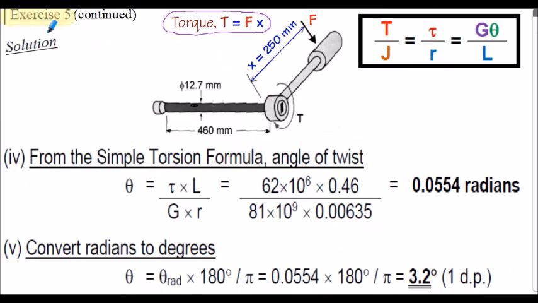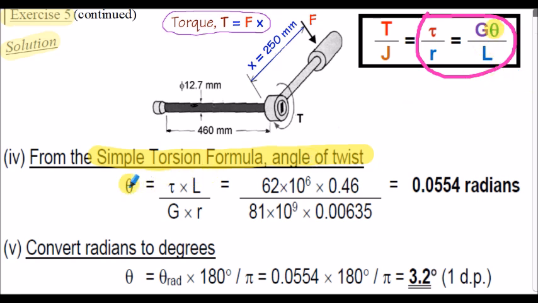Exercise 5, solution continued. Now we're asked to calculate the angle of twist from the simple torsion formula. So now I'll be using these two parts of our simple torsion formula, transposing for theta.